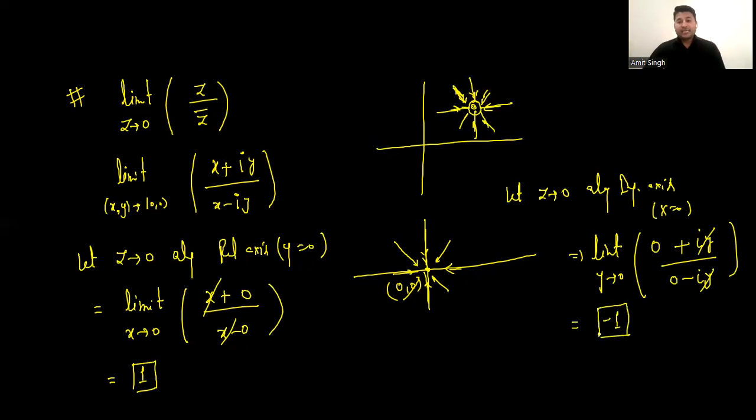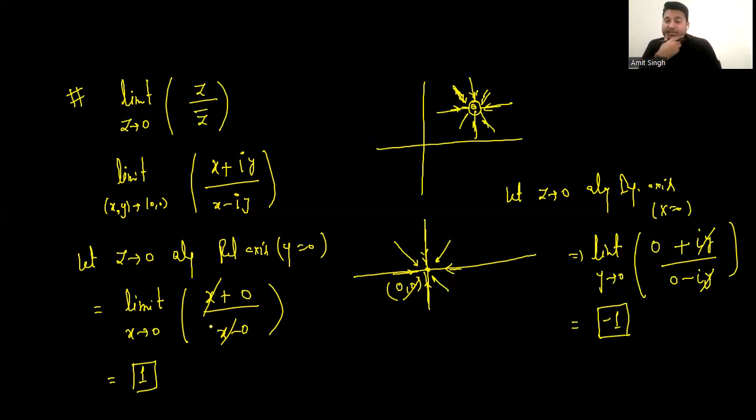So now here is the takeaway. On the real axis, the limiting value is 1. And on the imaginary axis, the value is what? Minus 1. 1 and minus 1. What should I say? Does the limit exist or not? Recall the definition of limit. What it says is that if through all the possible paths approaching the point the limiting value is the same, then we will say the limit exists.